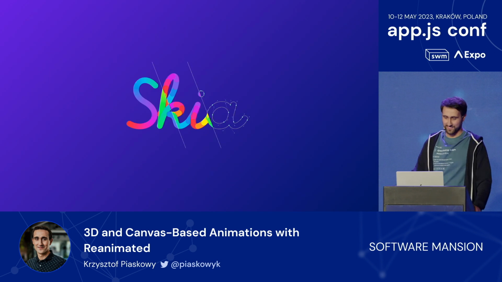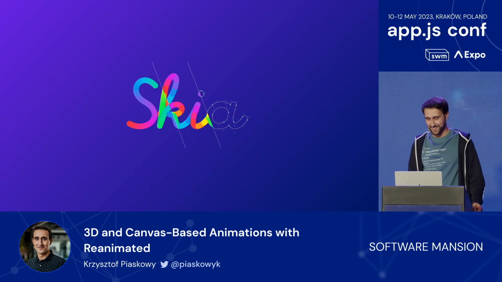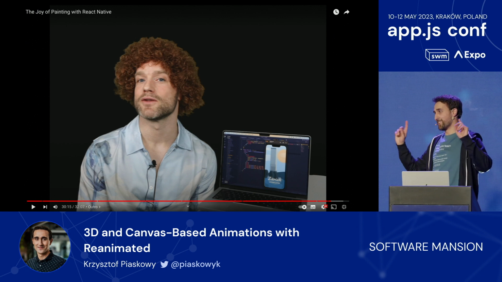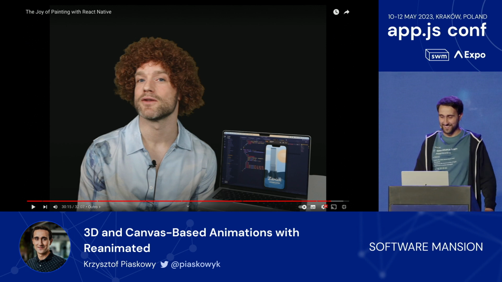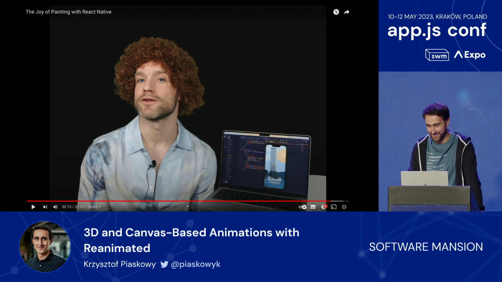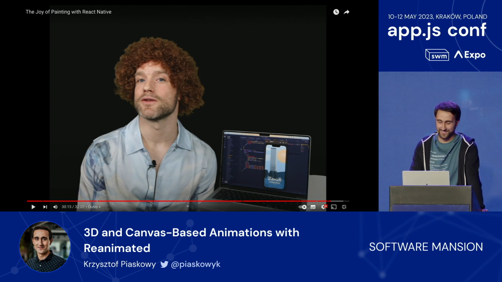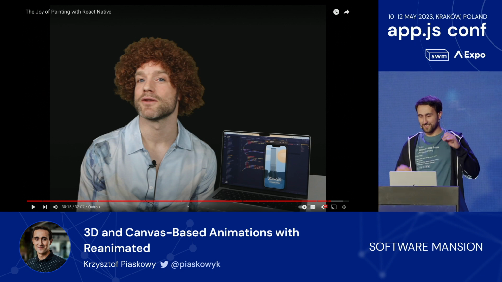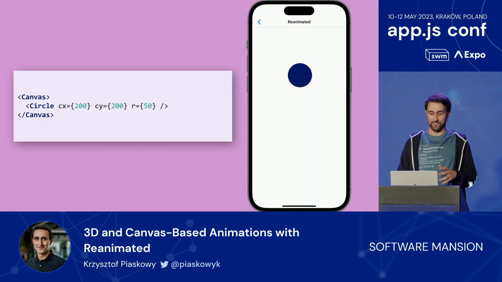It's hard not to mention another great tool that has gained more popularity recently. William has proven today, and not only today, that using Skia you can paint like Bob Ross. So it's hard to add more here, but I just want to mention that Reanimated is integrated with Skia also.